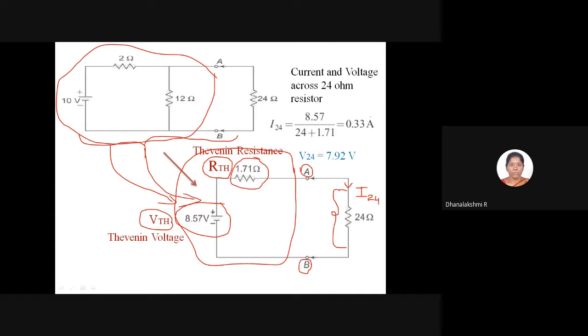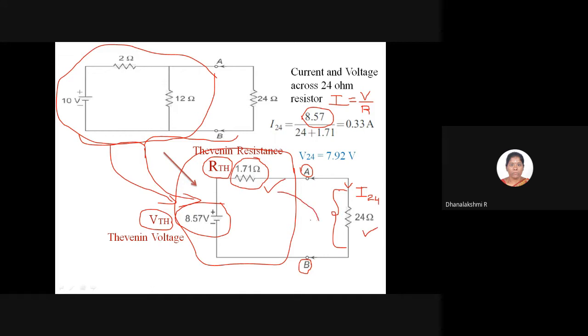Then the current formula is I equals V by R. Here the V is going to be VTH, which is 8.57. For R, take the total resistance of the circuit, where this 1.71 ohms and this 24 ohm are connected in series.